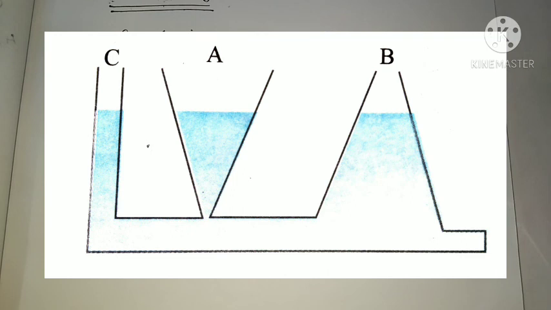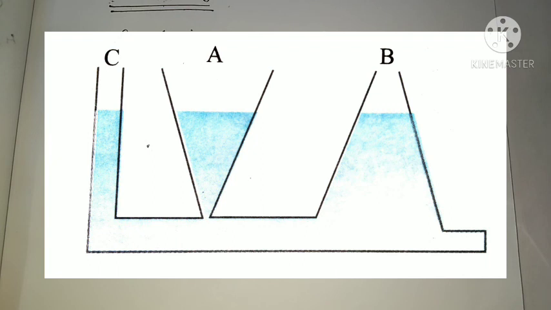Then you fill water in the three vessels. Though they hold different amounts of water, the level of the liquid is the same in all the vessels. This is so because water at the bottom has the same pressure below each section of vessel. So we can say that the liquid pressure is the same at all points at the same horizontal level.